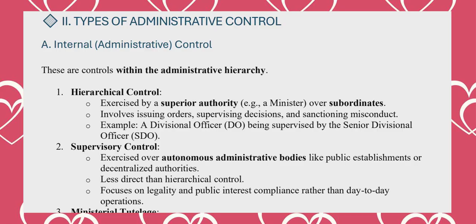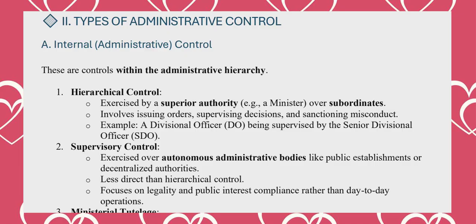Not just that, he can issue orders to the subordinate as a way of control. Orders constrain the subordinate to carry out an activity or to stop doing a particular activity. So for example, the DO being supervised by the SDO is a way of hierarchical control.